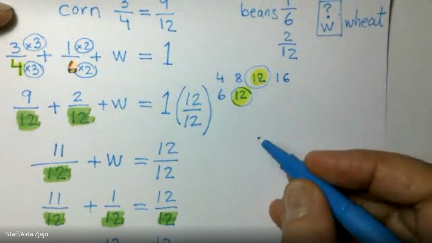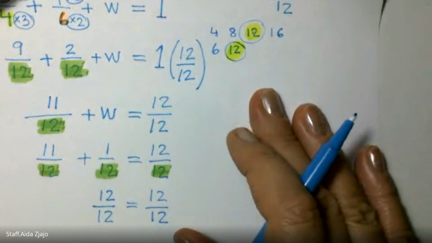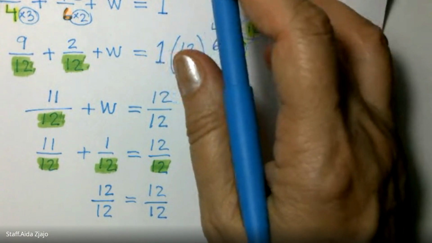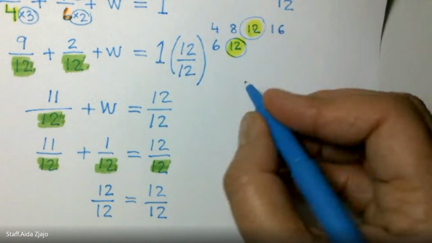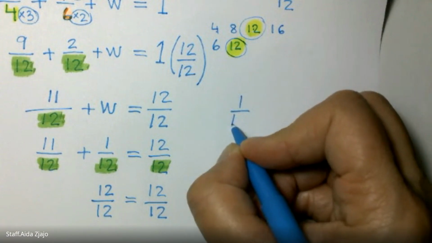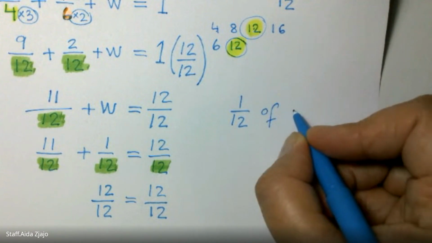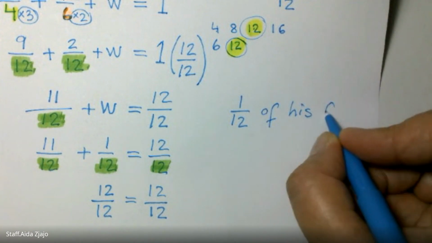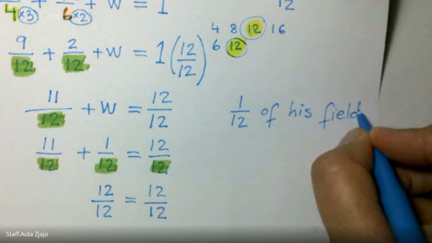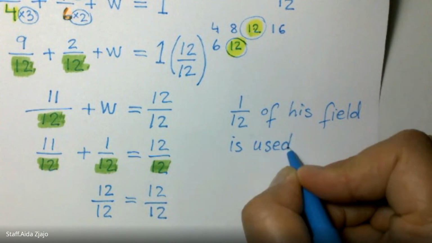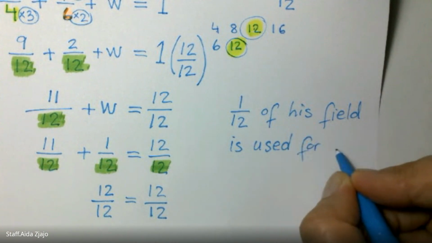Now we're going to write our answer. What fraction of his field is used for wheat? 1/12 of his field is used for wheat.